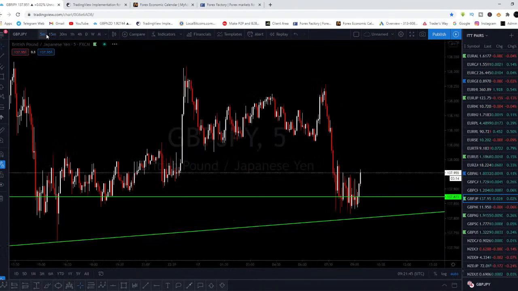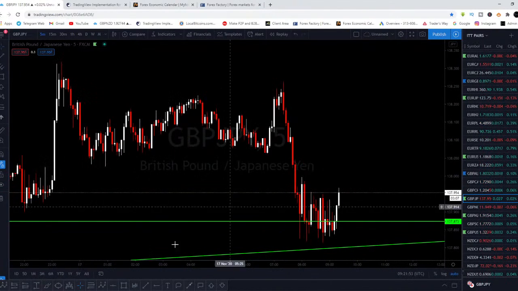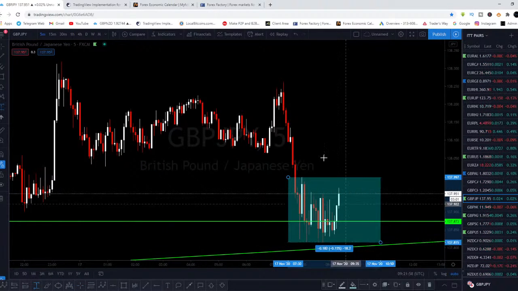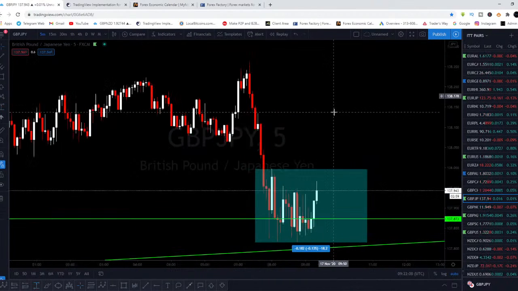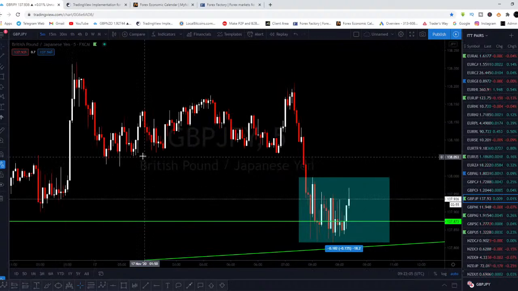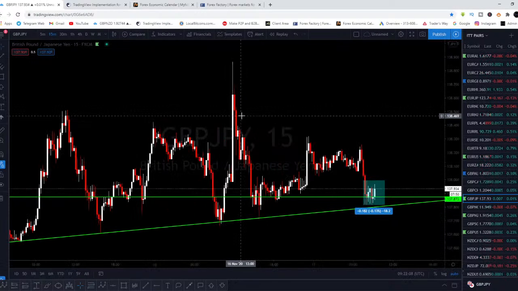But let me wait for this 1-hour candle to close, something like that, right? Oh no, that's not what is going to happen. Let me mark this out. It serves as a reason for me. So let me mark it out and see what is going to happen.